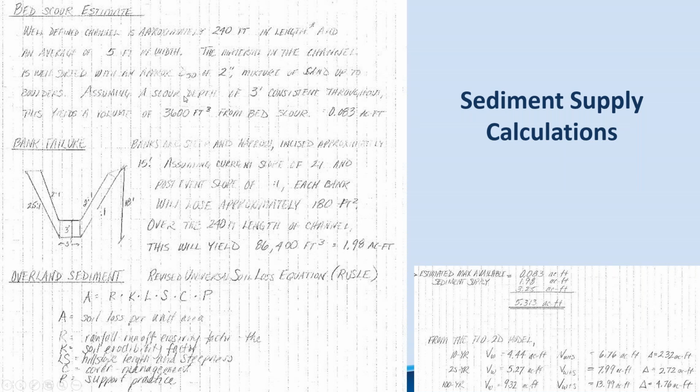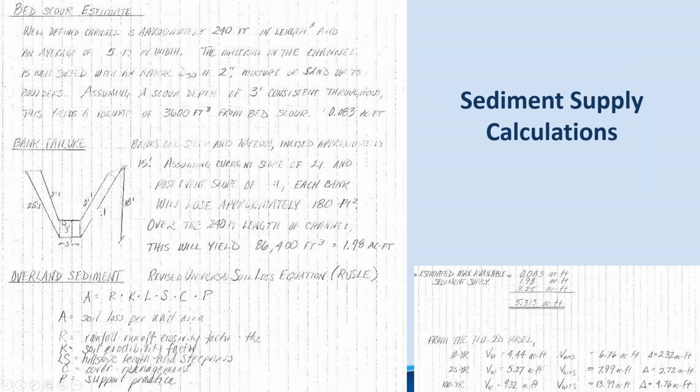So assuming a scour depth of about 3 foot, which is consistent up and down this channelized portion of the watershed, this would yield a volume of about 3,600 cubic feet from the bed scour, and amounts to, in acre feet, about 0.03 acre feet.